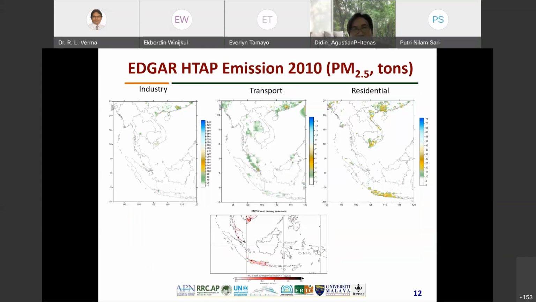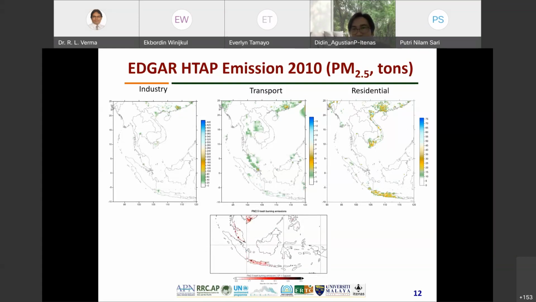So from those data sets, you may want to extract the data. For example, this is from EDGAR for PM2.5 in Southeast Asia, for industry, transport, and residential. The one below is the global data set of trash burning provided by Wiedinmyer from NASA.